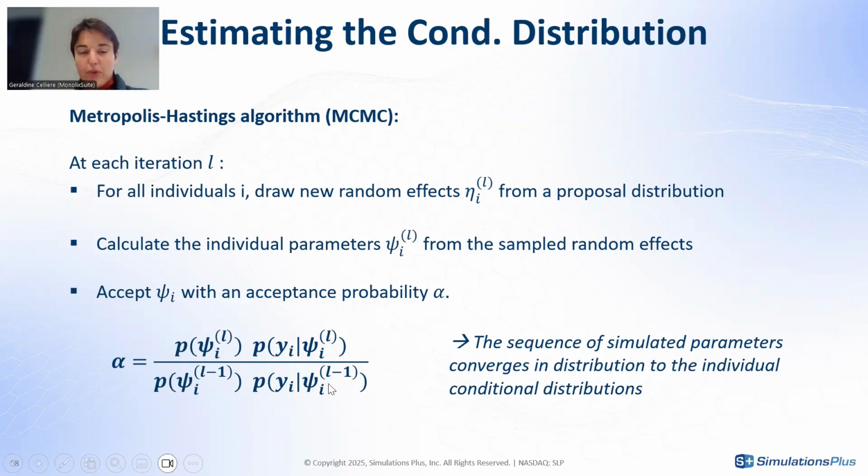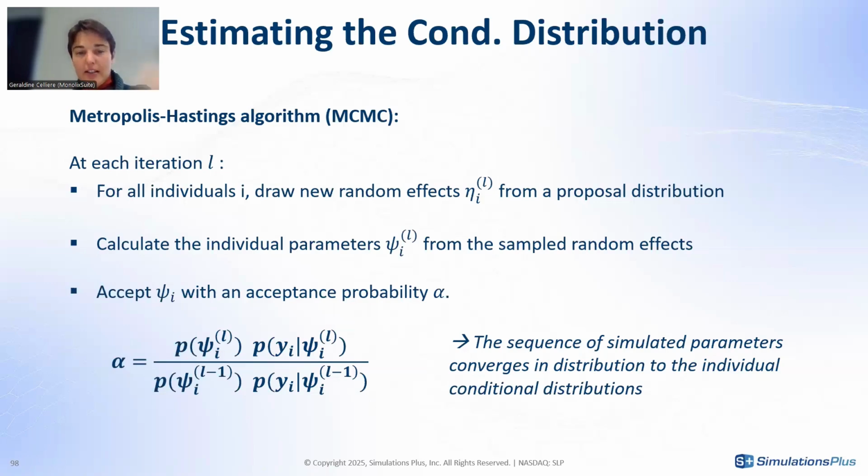If you remember the previous formula, this really represents the distance between the model prediction and the data. So if my new candidate allows the model fit to be close to the data, then this ratio will be above 1. So basically, the acceptance probability depends on: does the new candidate lead to a better fit of the model to the data, and is it close to the typical population value.